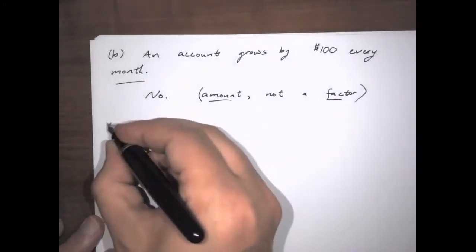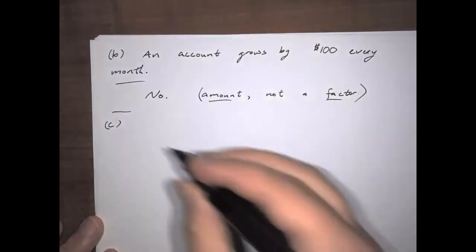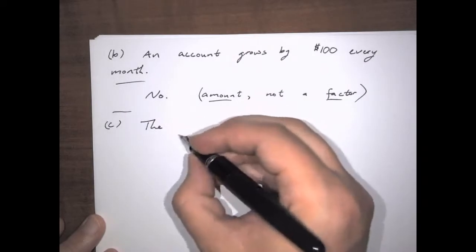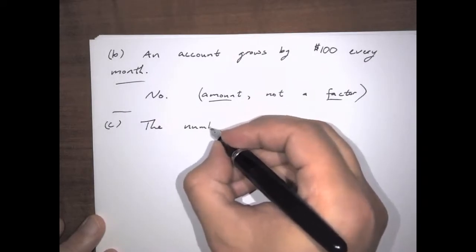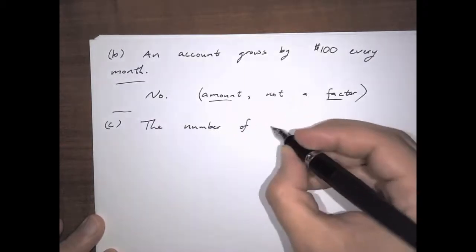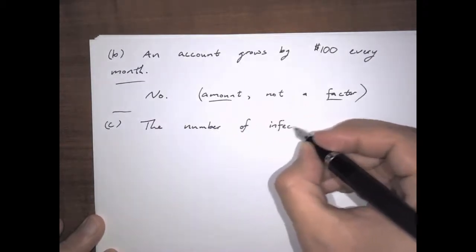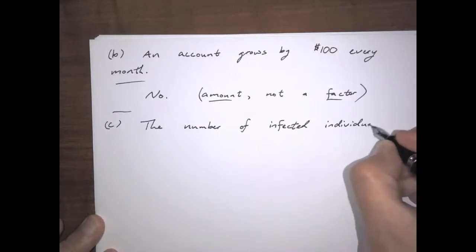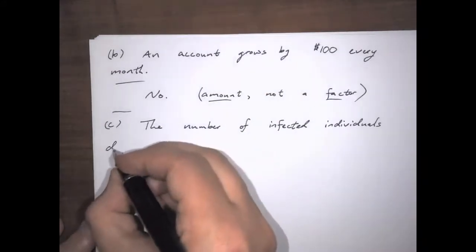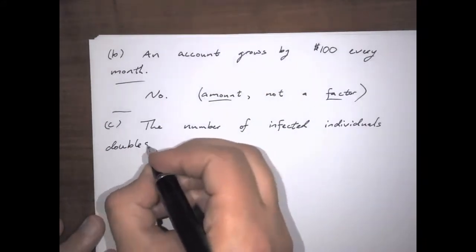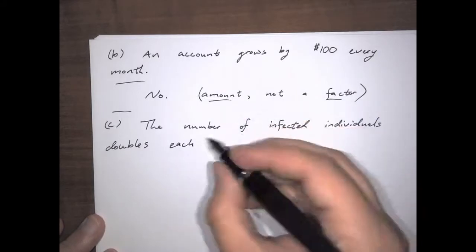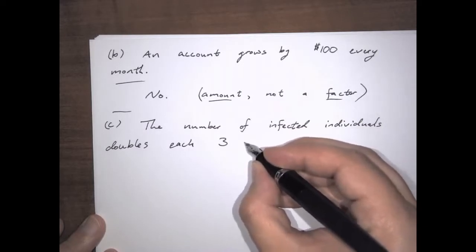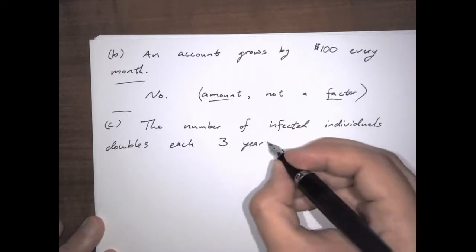How about something like the number of infected individuals doubles every 3 years.